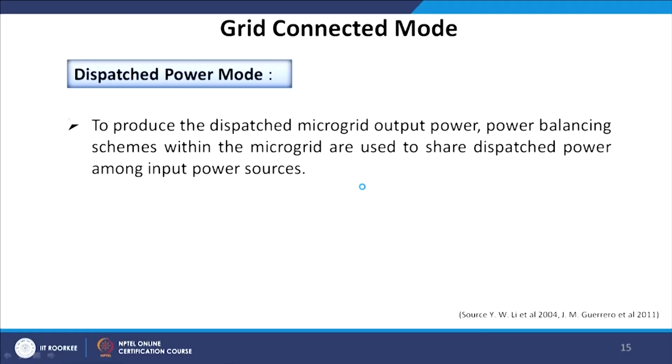Now, to produce the dispatched microgrid output power, power balancing schemes within the microgrid are used to share dispatched power among input power sources.